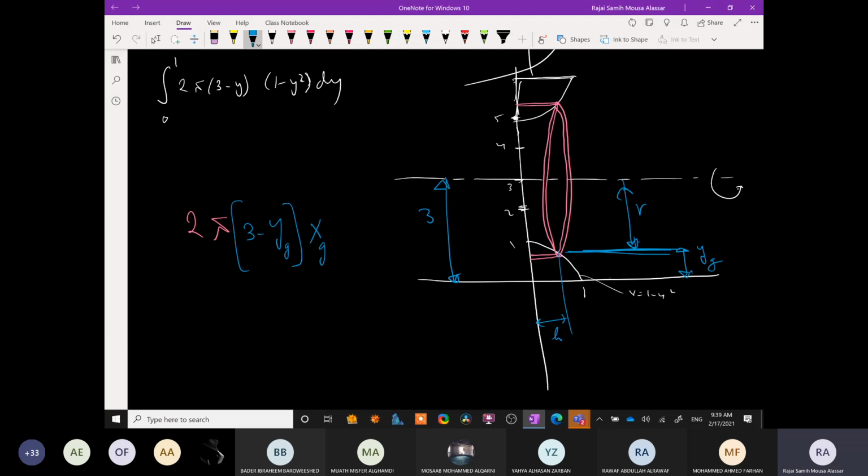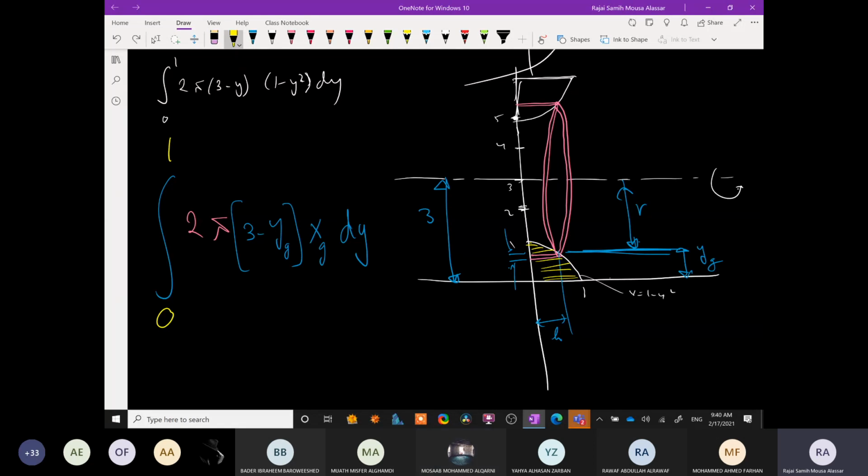And now what is the thickness here? dy. And you're going with the samples from where to where? From 0 to 1. Very good. The only thing that I have to do is change x to y.